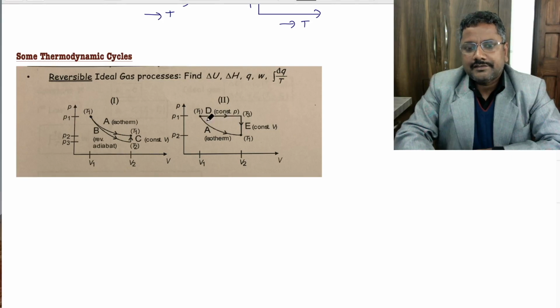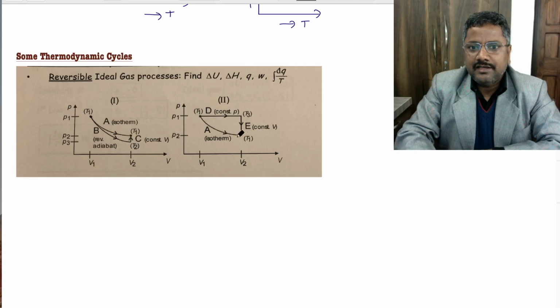Similarly, in the subsequent process we have taken the same isotherm A, but this time we are not moving to this point T1 via a reversible adiabatic followed by isochoric.